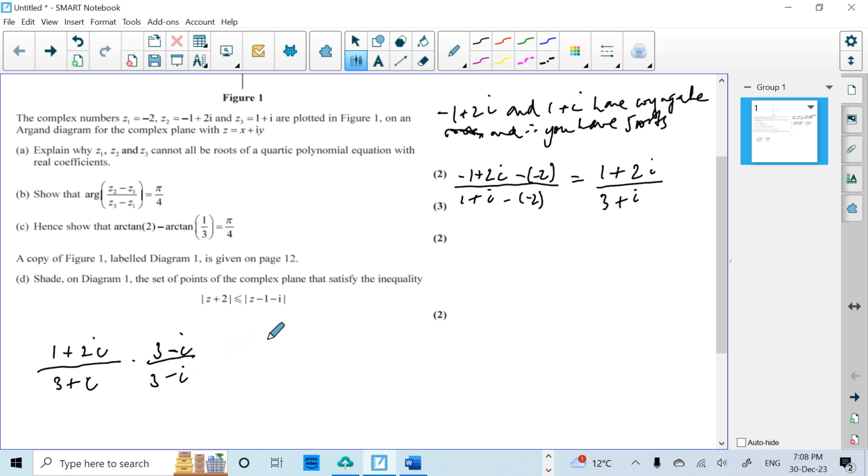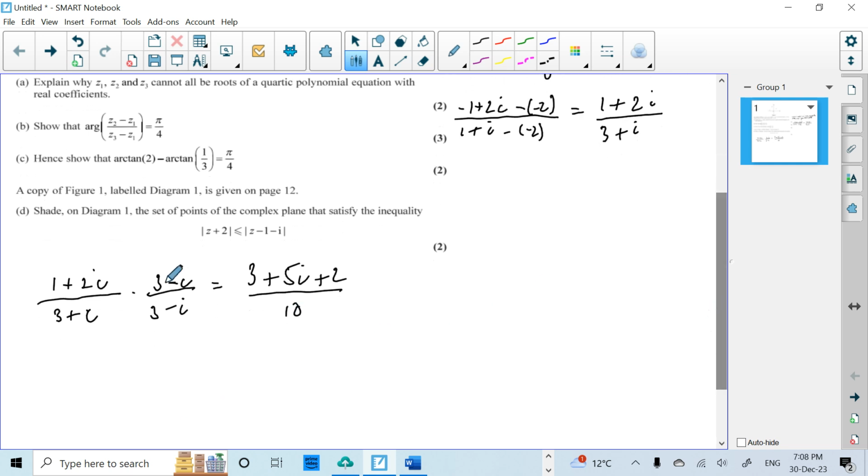Don't forget to rationalize, and that will give us 3 plus 5i plus 2 over, and we've got 3 times 3, and the difference of 2 squares, minus i squared, that's 1, so that'll give us 9 plus 1, which is 10. And that gives us 5 plus 5i over 10.